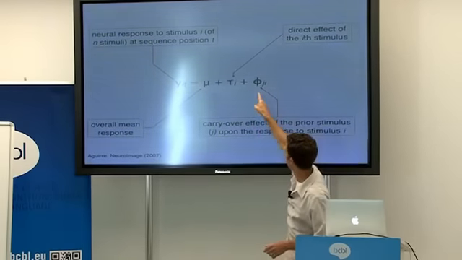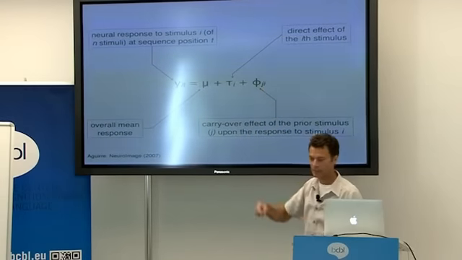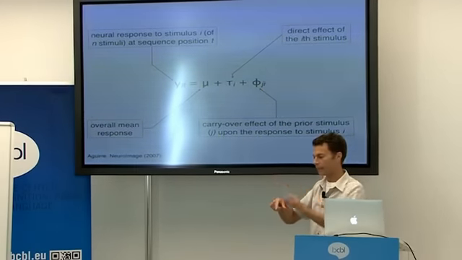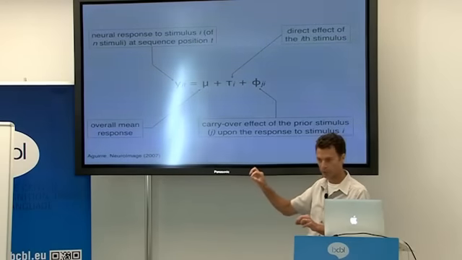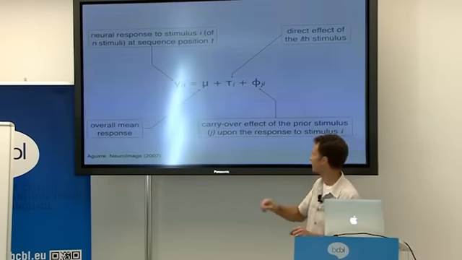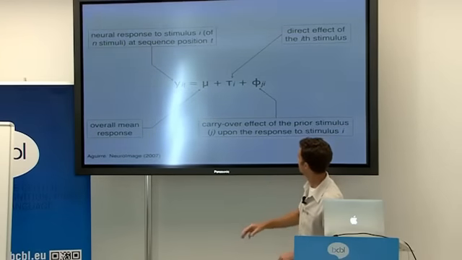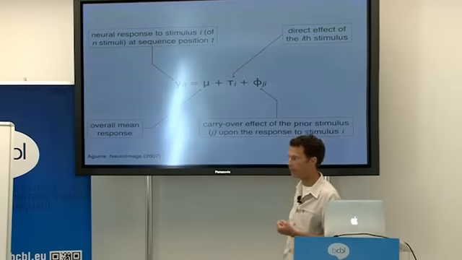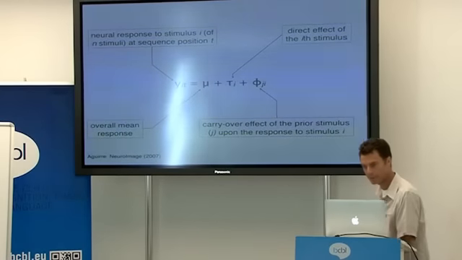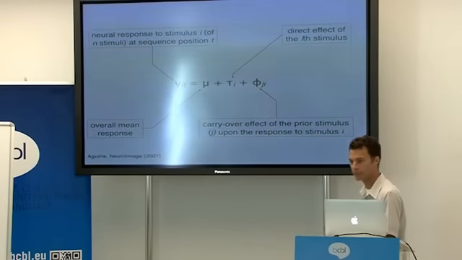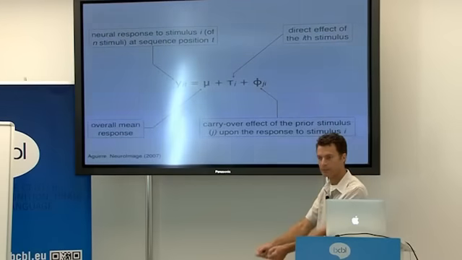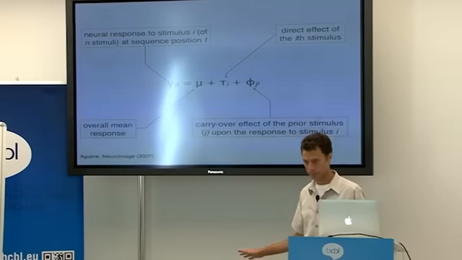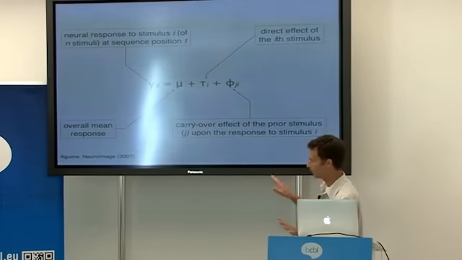And so this modulatory component is actually a matrix. It's a matrix of the last thing you saw versus what you're currently looking at. And we'll talk about that some more in just a moment. So the effect of the stimulus itself upon your response is referred to as the direct effect. What would your response be, what would your rating be of that leaf all on its own, independent of context?